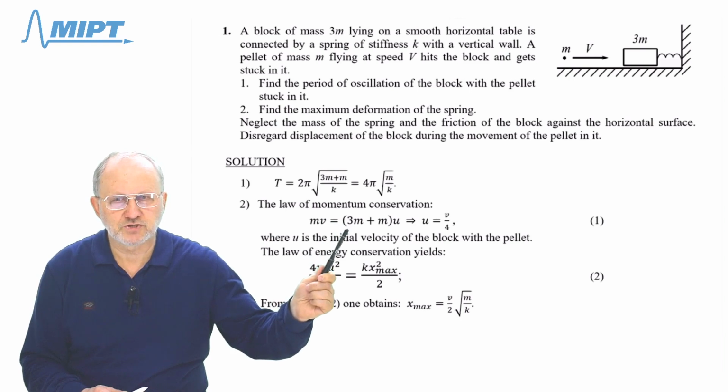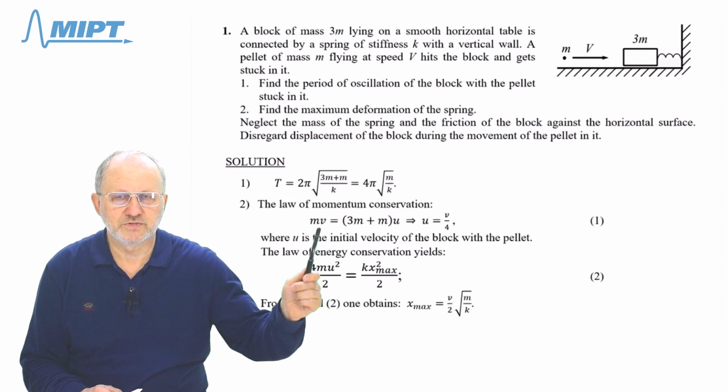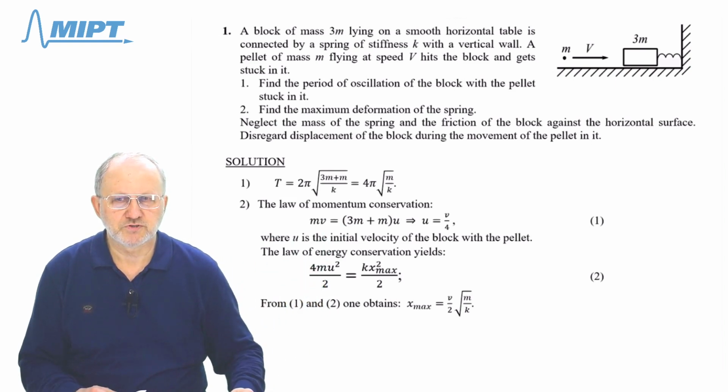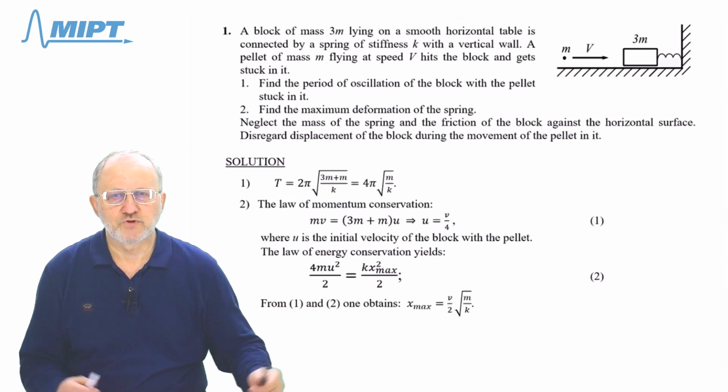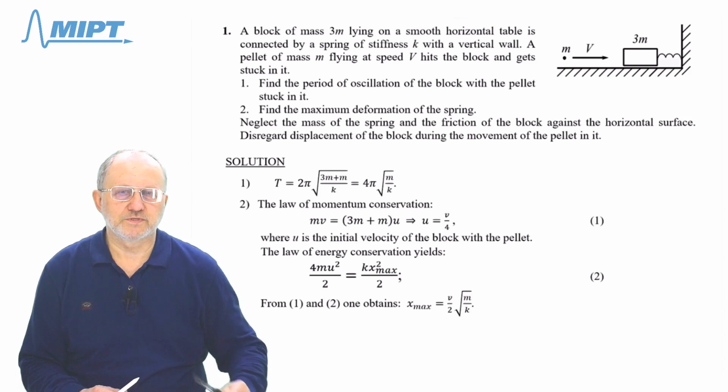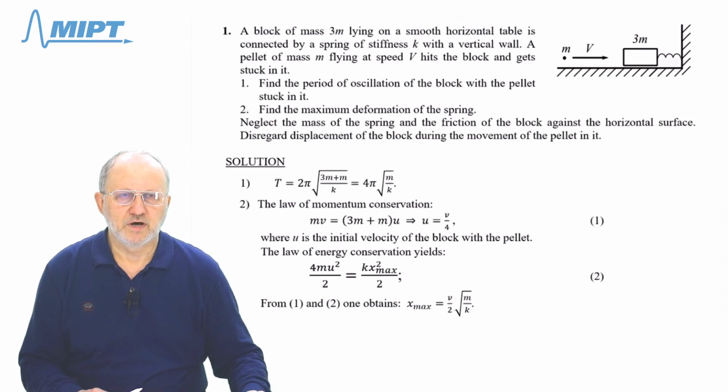Because during this short period of time, the spring deformation is actually 0. The body has not started its motion, and so the spring is not deformed. Therefore, no external forces act on the system of the block plus pellet.